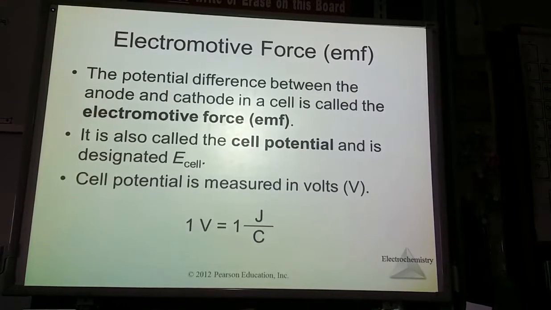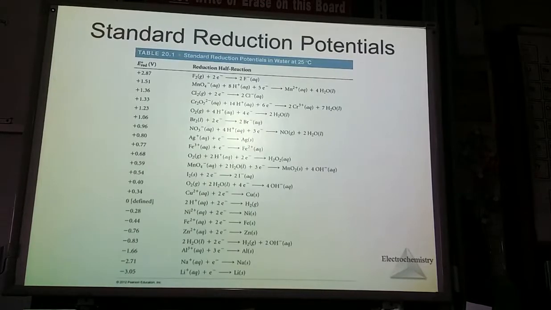So electromotive force, just thinking about how electrons are moving from anode to cathode, and it's the potential difference. So thinking about where they are at that highest potential energy moving toward that lowest potential energy. Think about your waterfall. It's finding a number and a calculation for that.